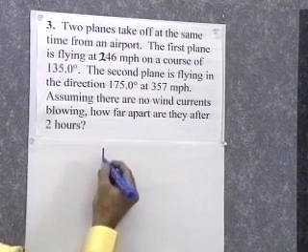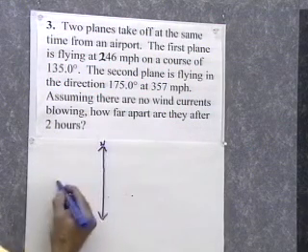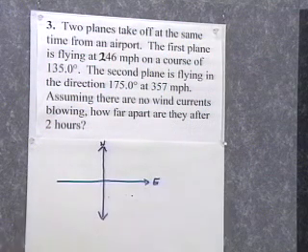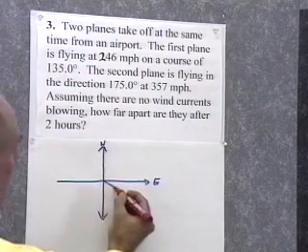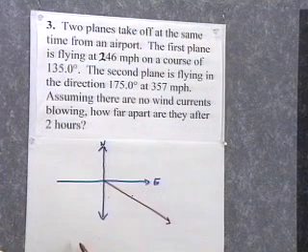Well, first of all, I'm going to draw in my north-south line. And then this will be the west-east line, like this. Now, the first plane is going on a course of 135 degrees, so that's directly down this way, and it's traveling at 246 miles per hour.